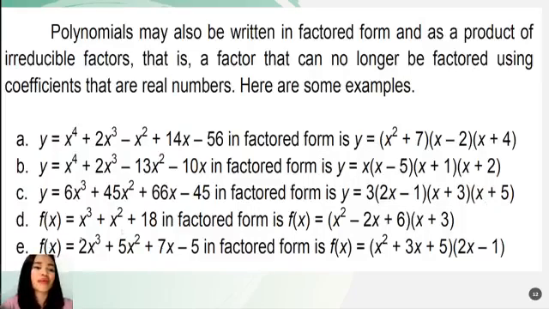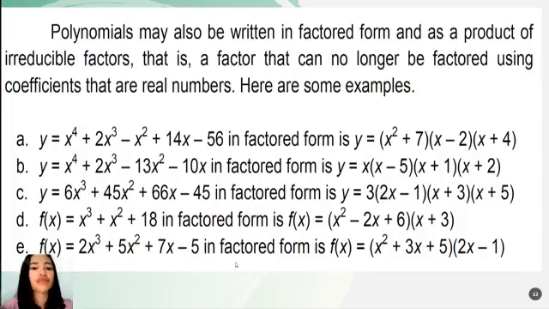And then we're going to have letter D, f of x equals x cubed plus x squared plus 18. In factored form, we're going to have f of x equals x squared minus 2x plus 6 times x plus 3. And then let's have letter E, f of x equals 2x cubed plus 5x squared plus 7x minus 5.